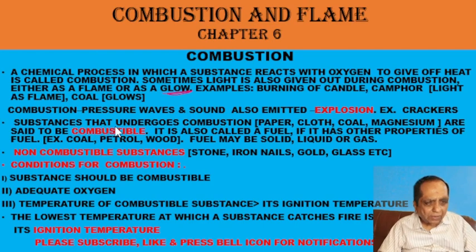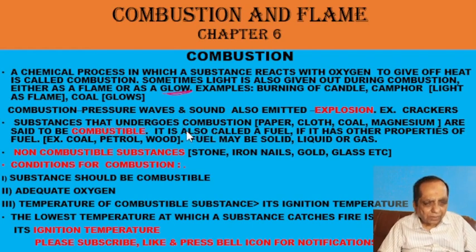Okay. Now we'll try to understand what are combustible substances and what are non-combustible substances. It's very easy. The substances that undergo combustion like paper, cloth, coal, magnesium wire, all those things, they are combustible because if you heat them in air, they will burn. They will liberate heat.